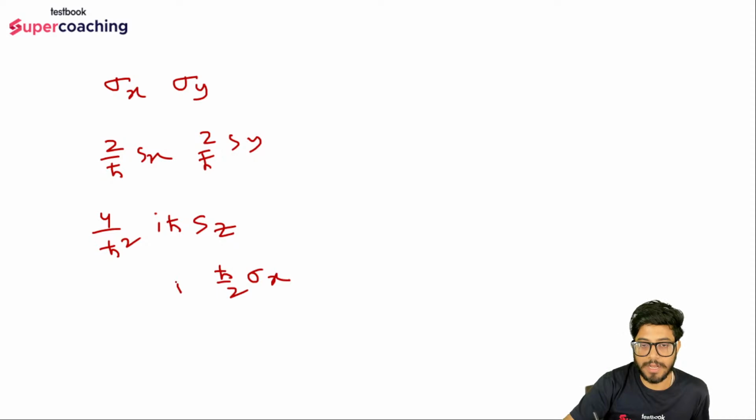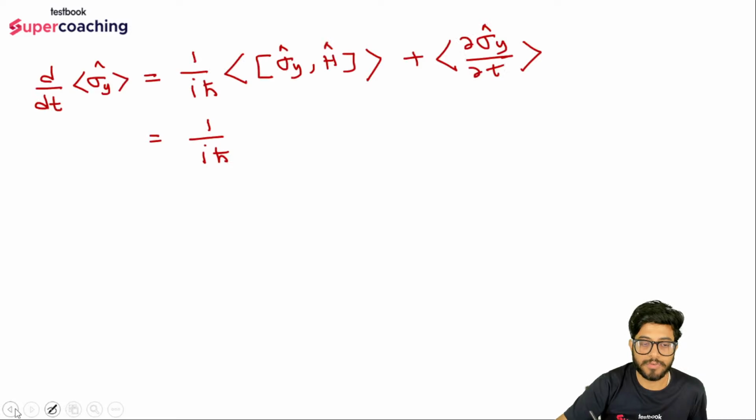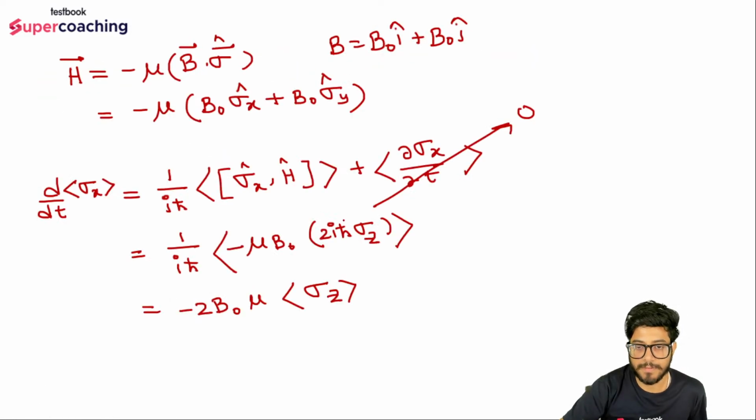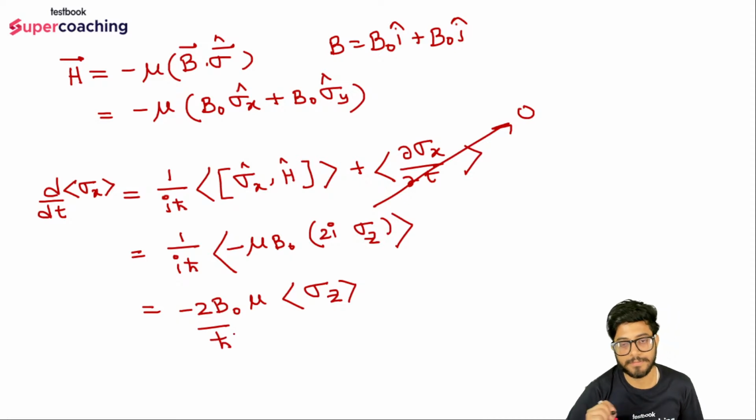So ħ squared cancels out, 2 with 2, so it's 2i sigma only. There will be an ħ.